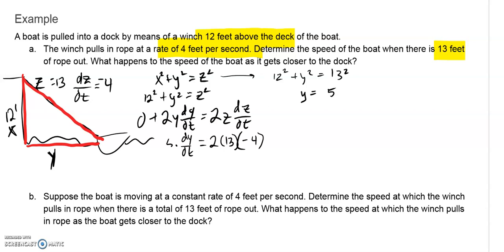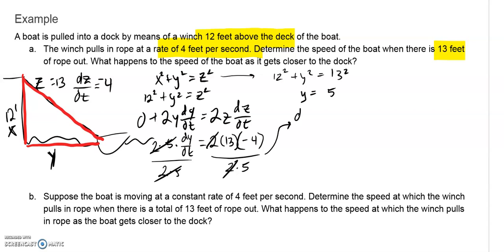Okay, so it's going to be 2 times 5 times dy dt, and you know that we're going to divide out that 2 times 5, and I leave it as 2 times 5 because you can more easily see that those are going to cancel each other out. 2 and 5, 2 and 5.